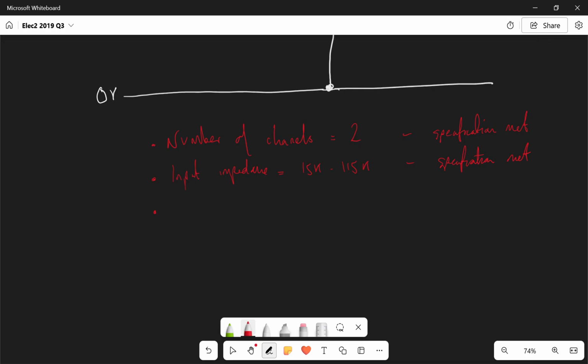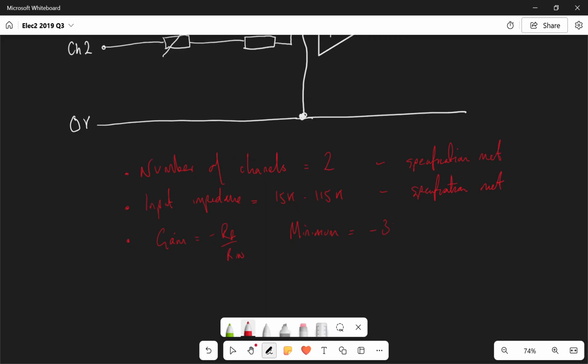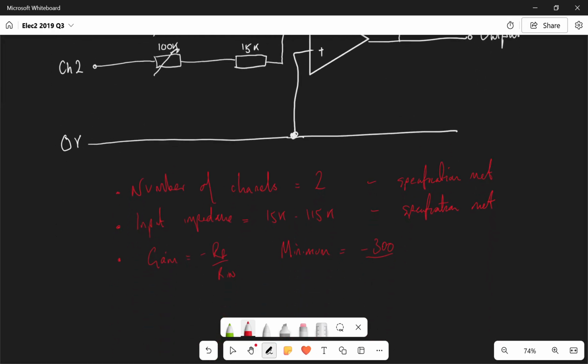But it's the last part of the specification that would hopefully give us a little bit more information to play with. Now, what this means is that if we think of gain for this is minus RF over Rin, and at minimum, what we're going to get is minus 300 over 115.